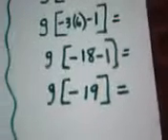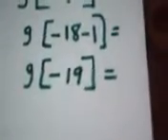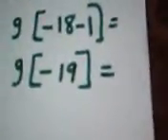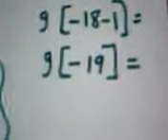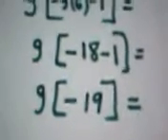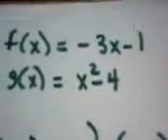Now, at that point, we're going to want to take the number negative 19 and put that into function g. So, in order to do that, we're going to look at function g. g of x equals x squared minus 4.